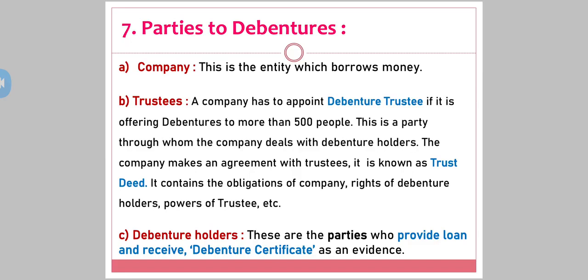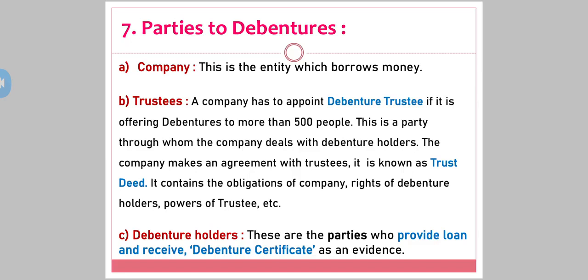Now see here, apart from the debenture certificate, when the company is going to issue debentures to more than 500 people, there is a trust deed that is prepared between the debenture holder, the company and the trustee. And in that deed, all the obligations of the company are listed. The first obligation is that the company has to pay the interest amount on time.